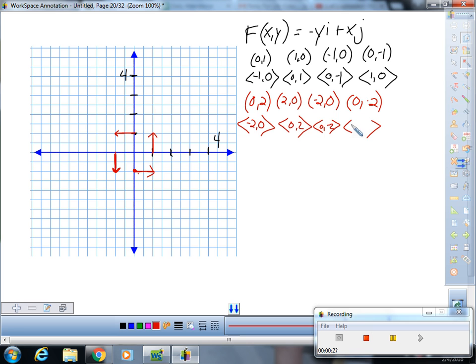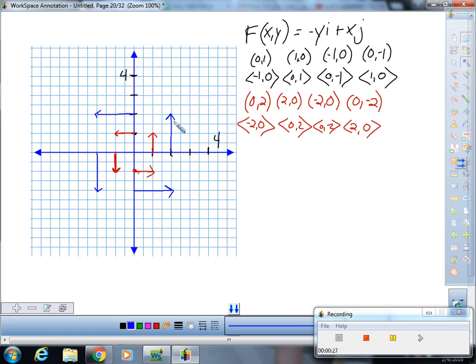This one? 2, 0. Okay, I'll plot these in blue. So here, it's now that. Here is that. That. And that, right?